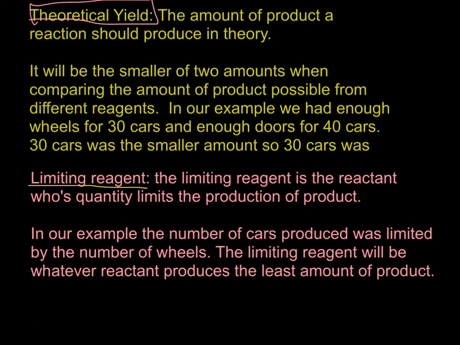Limiting reagent is the reactant whose quantity limits the production of product. In other words, our limiting reagent is whatever produces the theoretical yield, or determines the theoretical yield. I would pause me and write these down if you're in my class. Matter of fact, if you're in my class, I strongly recommend that you pause me and write down these definitions.